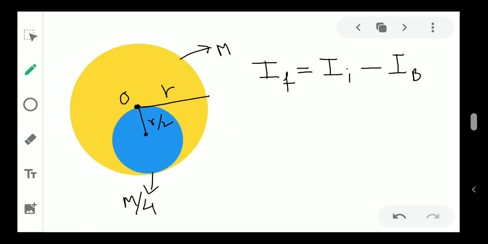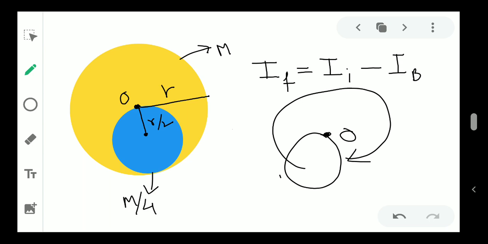Here the blue disc is actually rotating about this O, so it will not rotate in itself, it will rotate about this diameter, like about one of the points on its circumference.